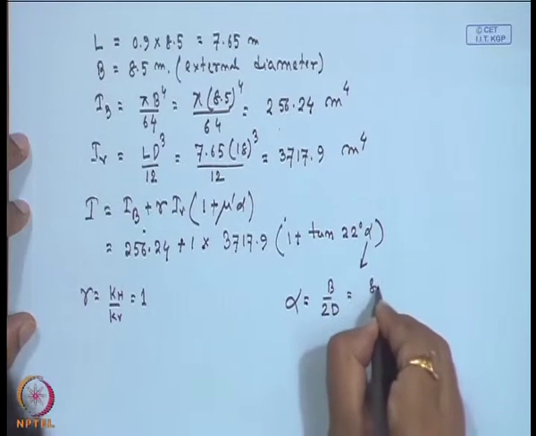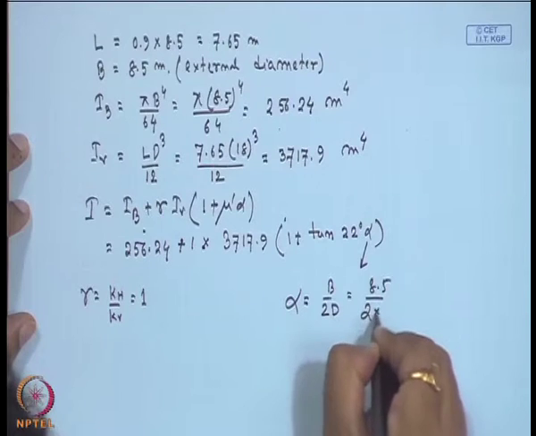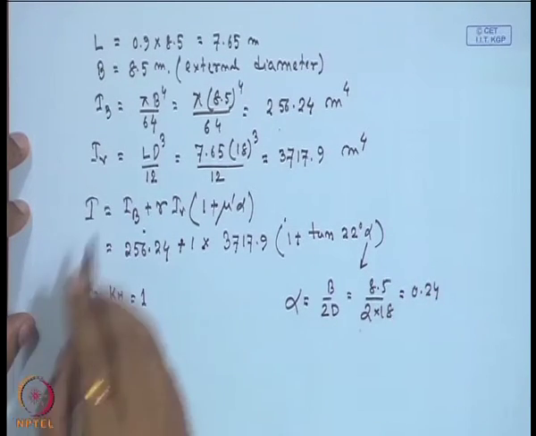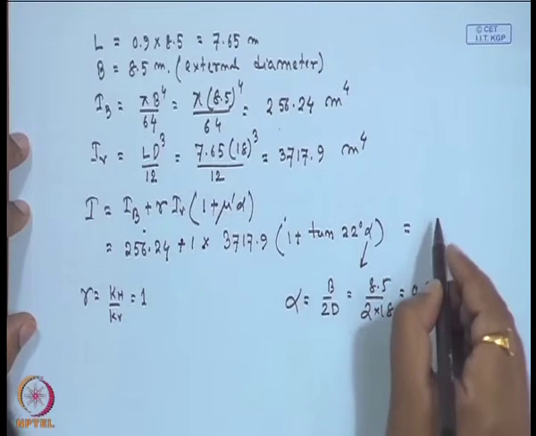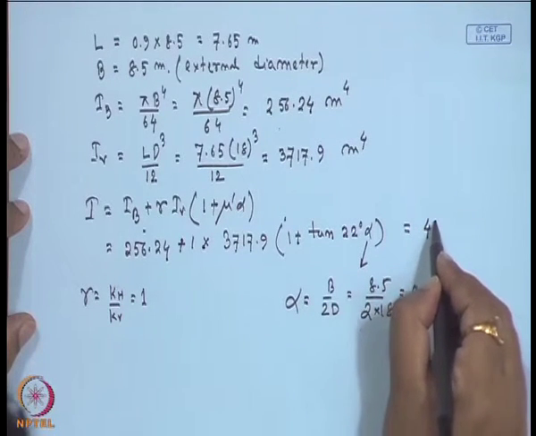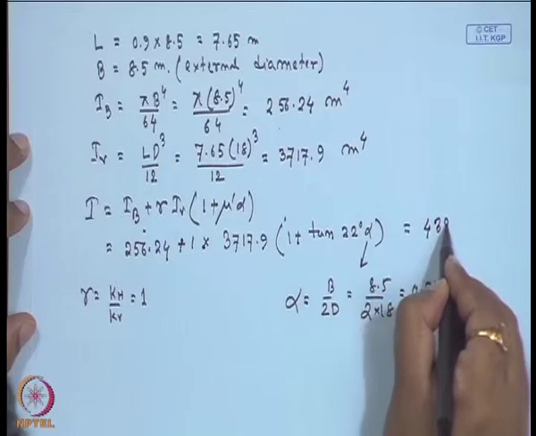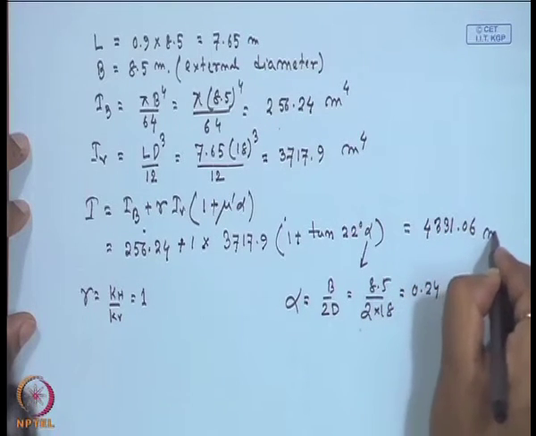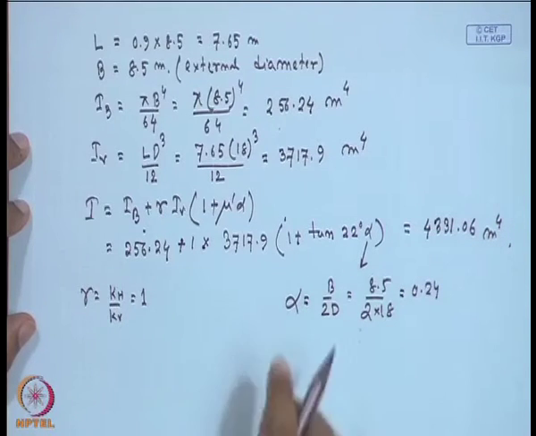So, b is 8.5, and 2 into 18, so that is 0.24. Once we calculate, we will get a value of 4331.06 meter to the power 4. So, these are the values that we are getting from the calculation.